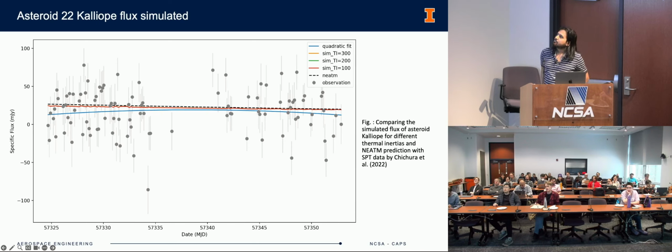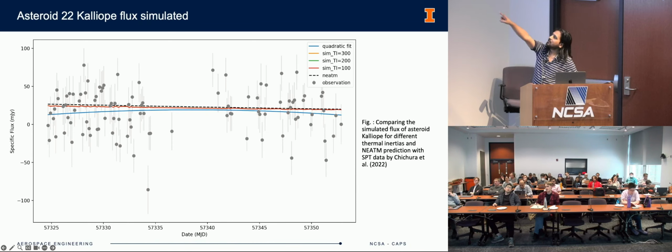The blue line is a naive quadratic fit to this data. You can see three things over there: SIM TI 300, TI 200, and TI 100. Those are our simulations that we ran at three different thermal inertias, 300, 200, and 100, the 100 being more susceptible to change in temperature.